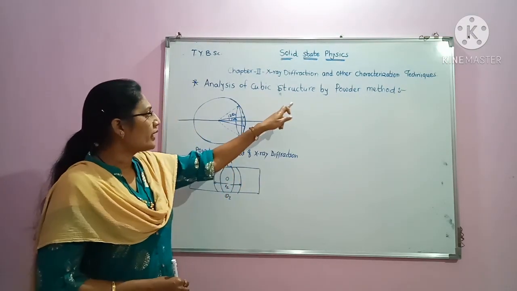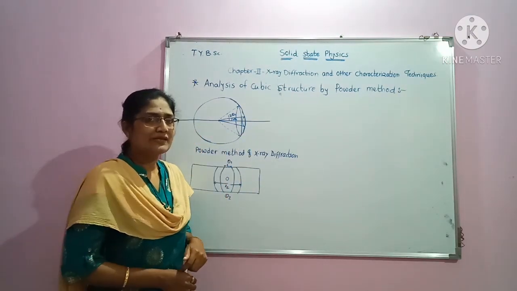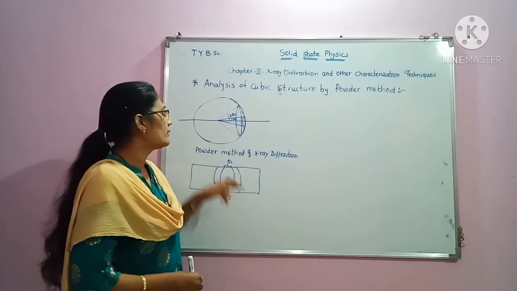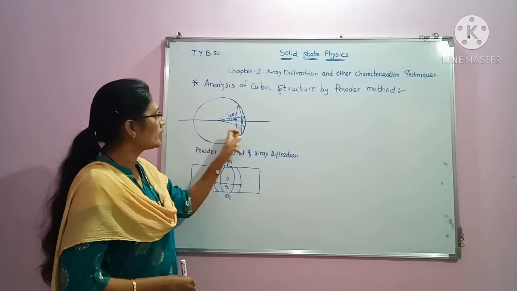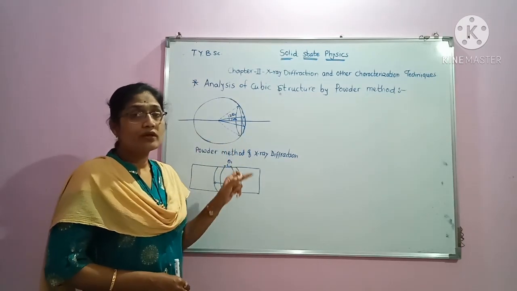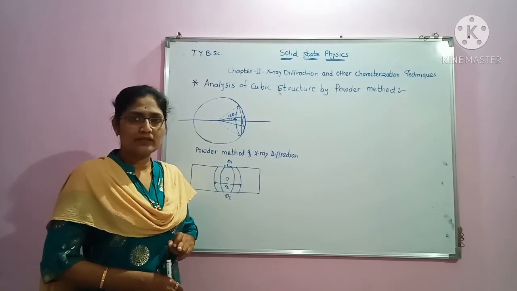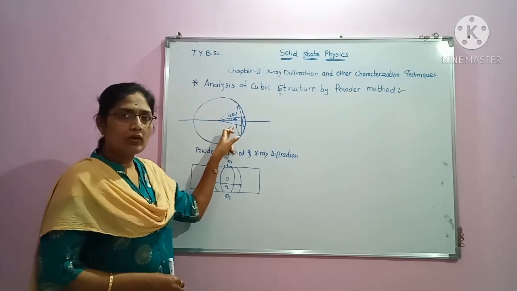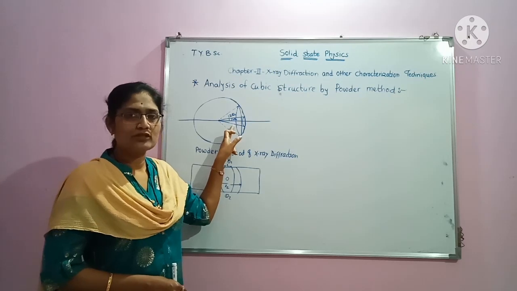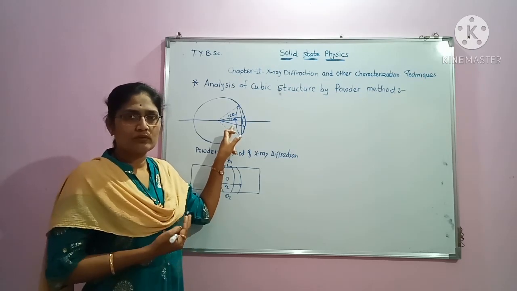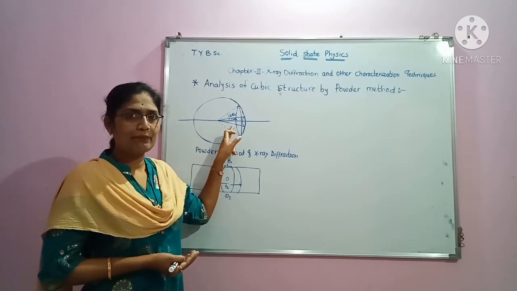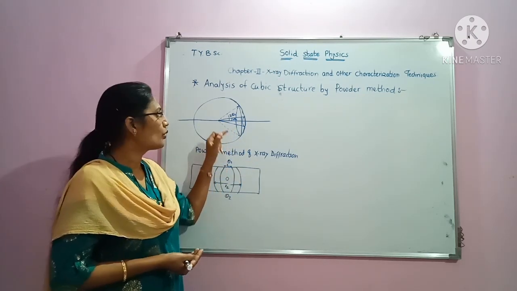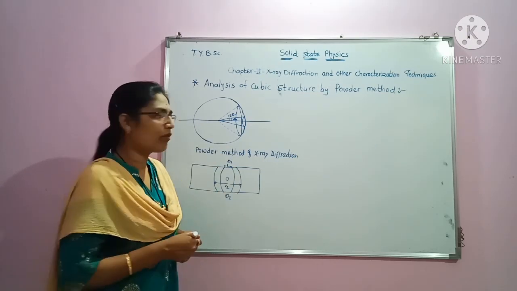Now when the X-rays are allowed to be incident on a cubic crystal, then what will happen? It will give such type of cones where Bragg's law is fulfilled, that is 2d sin theta is equal to n lambda. We know that all n are possible, that is first order, second order, third order reflections are possible, and because of that, for each angle of incidence we are going to get a particular value of d.